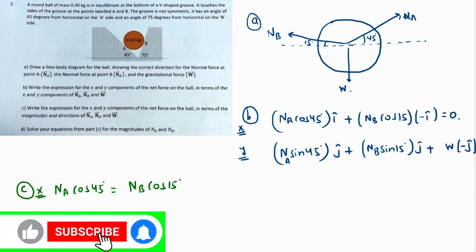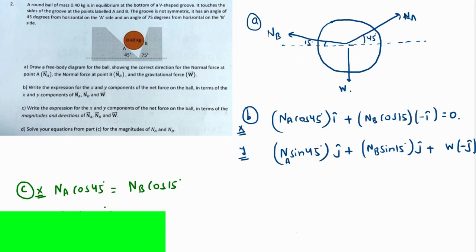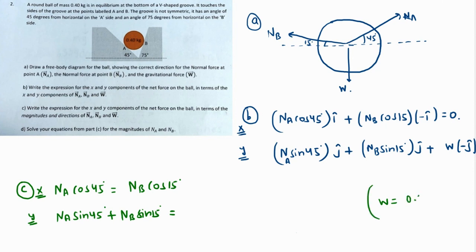For the y direction, the vertical component is NA sine of 45 degrees plus NB sine of 15 degrees. This should be equal to the weight, and weight is nothing but mg, right? M is 0.4 and g is 9.8, so this value comes out as 3.92. Let's call it equation 1, and let's call this equation number 2.